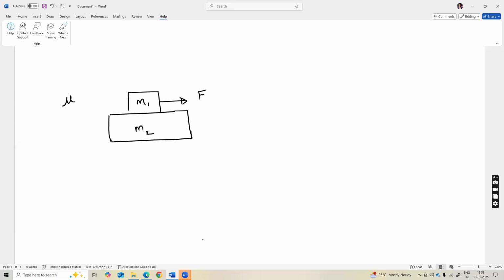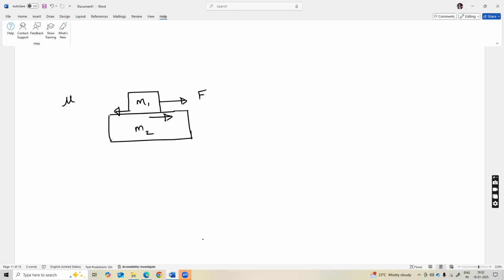When you apply force on this block, of course there will be friction. m1 will experience friction in the direction opposite to the applied force, whereas if you apply frictional force on m1 on the left-hand side, there will be frictional force on m2 on the right-hand side. So how does this work?